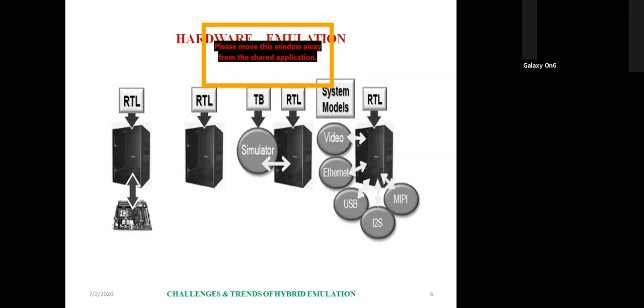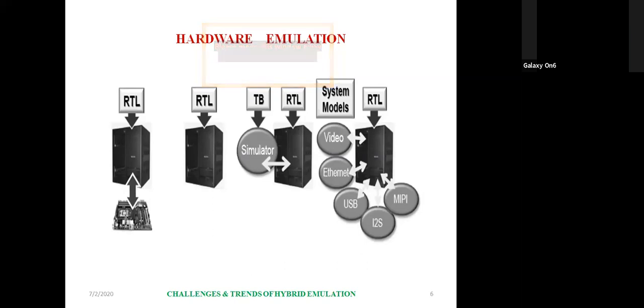Here in hardware emulation, you can see the RTL is being put onto a prototyping FPGA board. It acts as a loopback mechanism where the ASIC RTL is given to the prototype, to the ZeBu server or the Cadence prototyping platform or Veloce, which is a Mentor Graphics platform.